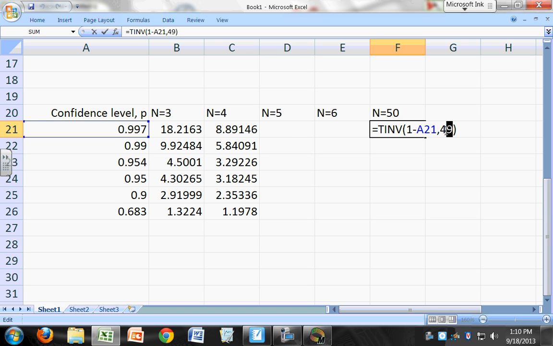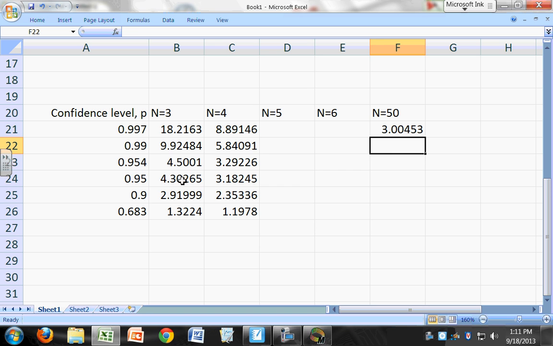If I make that number bigger and bigger, let's make that 100, it's going to approach 3. So let's make that 200. You can see this t factor approaches 3. So this confidence factor t approaches the value that you would expect if you were doing an infinite number of trials.